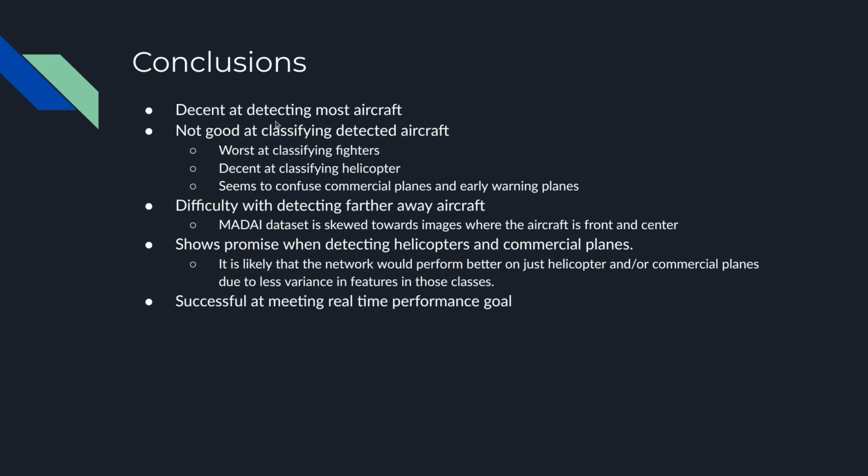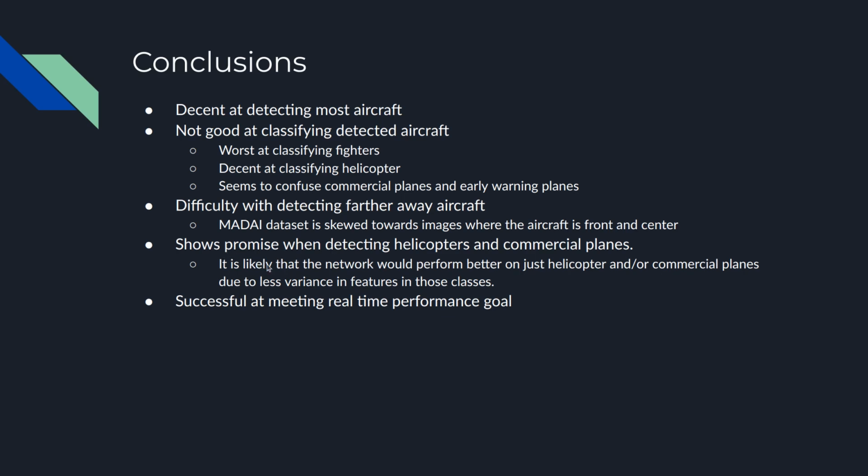So, conclusions here: we are okay at detecting most aircraft, just detecting, not good at classifying aircraft, unfortunately. Worst were the fighters, best were the helicopters, and there was confusion between commercial and early warning. We also had difficulty with farther away aircraft, most likely because MAD-EYE is skewed towards images where the aircraft is front and center.